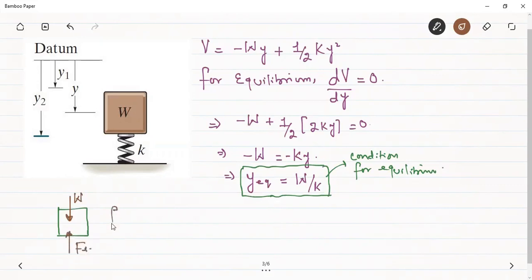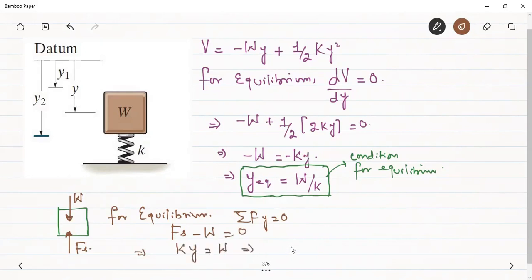And for equilibrium, the summation of the forces in the vertical direction should be zero. Spring force is acting vertically upward and the weight is acting downwards. This has to be zero. The spring force will be denoted by ky, and this has to be equal to the weight.